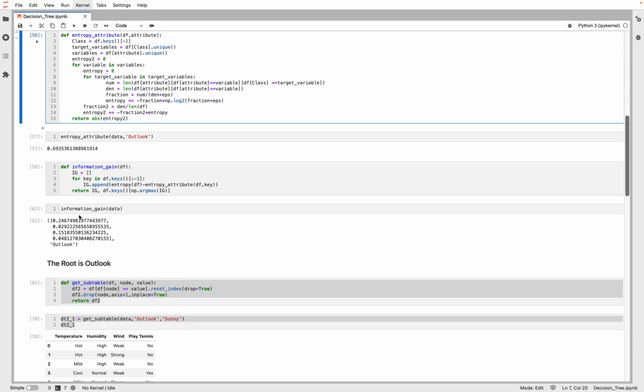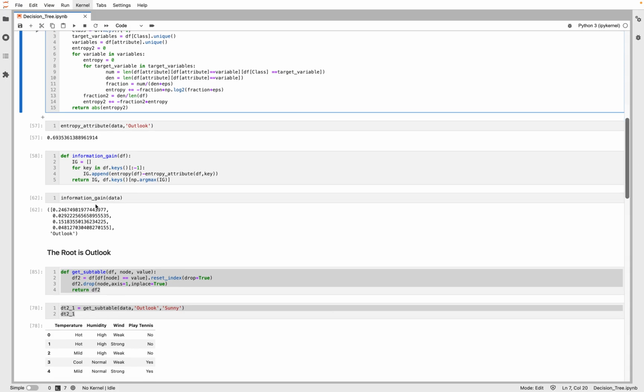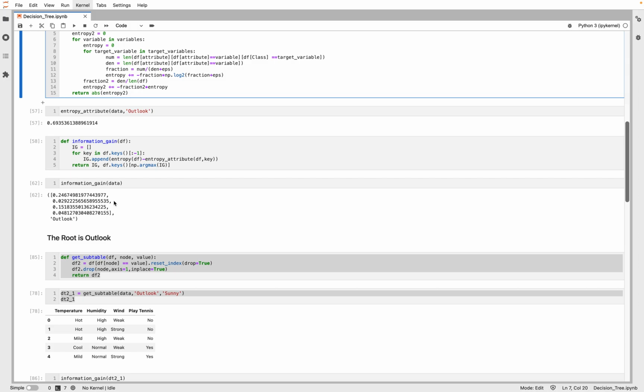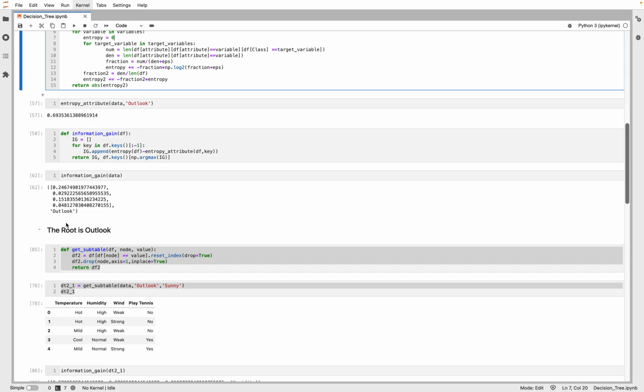If we apply this function to the whole data, these are the information gains for outlook, temperature, humidity, and wind, and we can see the outlook has the highest information gain. That's why the first node, which is the root node, will be the outlook.